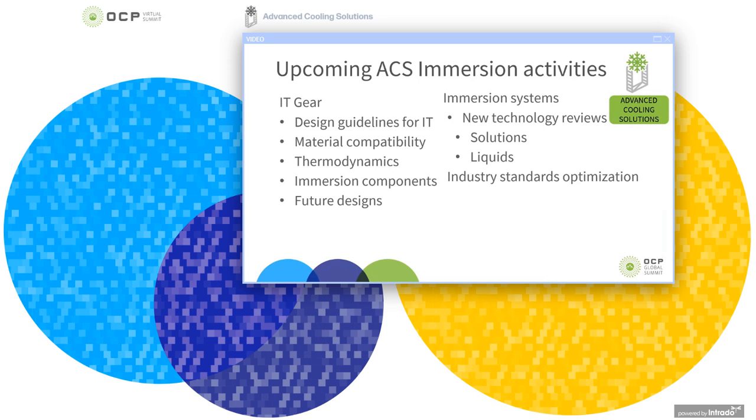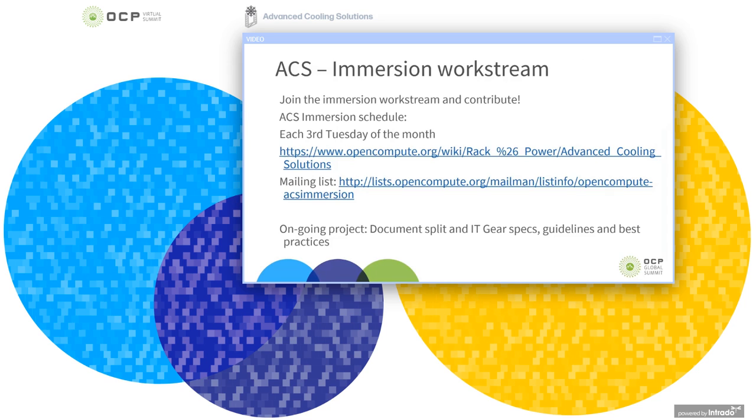For the rest, we're expecting immersion systems to come through in the community, which the immersion community will review and also hopefully qualify, as well as solutions and liquids. And a continued point of attention for the group is the optimization of industry standards, which we're hoping to see adopted across the entire industry.